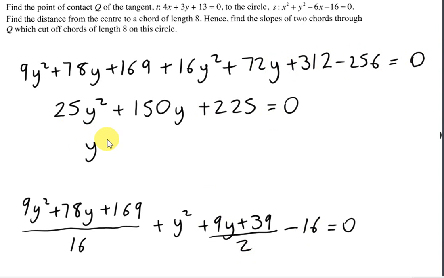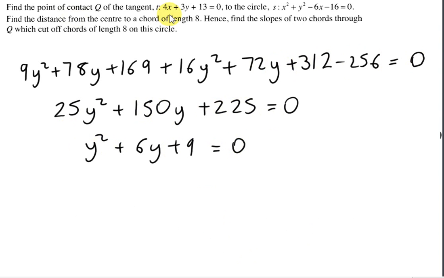We can divide all of this by 25. 25 times 2 is 50, 3 50s is 150, so we get 6 here. And we have 8 and 1, that's 9 25s here. Now since we are told that the line is a tangent to the circle, it must be the case that the two factors of this equation are the same.